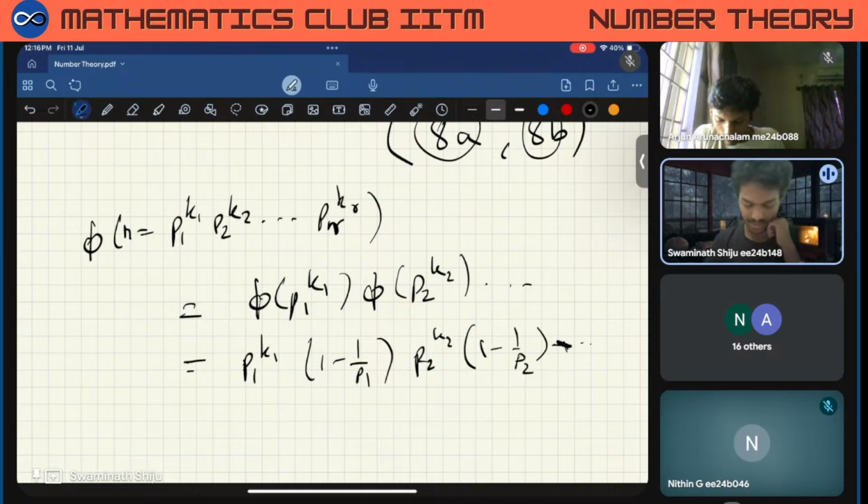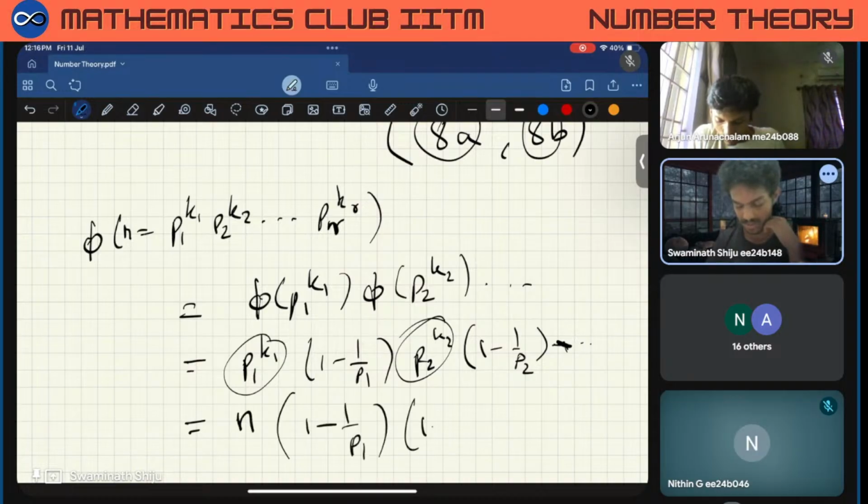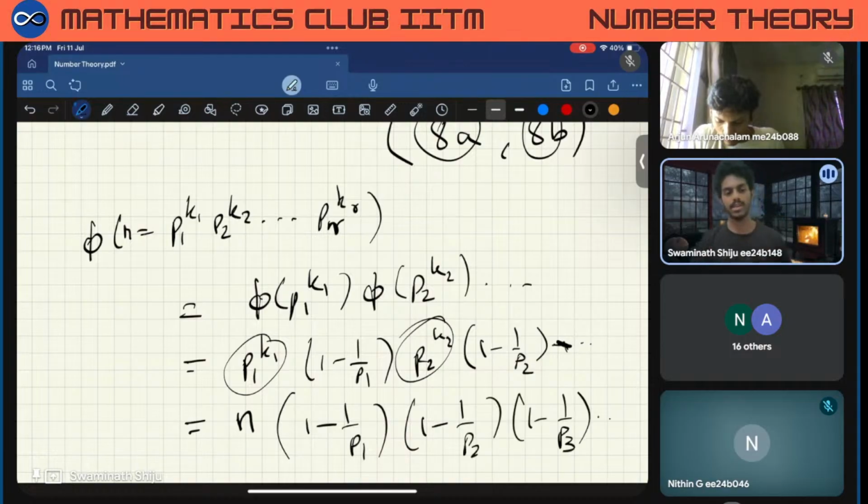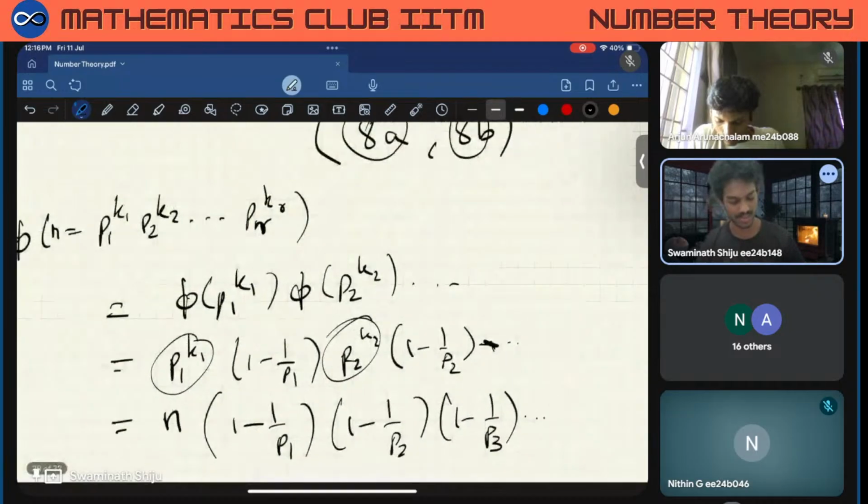So this is just the prime factorization of n. This is n into 1 minus 1 by p1 into 1 minus 1 by p2, 1 minus 1 by p3. So yeah, simple enough. That's the closed form of phi.